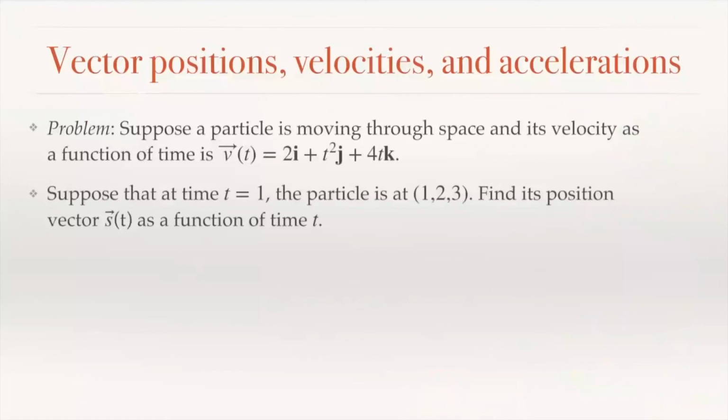Going back to my comment that given the velocity, we don't know its initial position, that's why we have the arbitrary constant corresponding to the initial position in the position vector generated by the indefinite integral of the velocity. However, if we know the position at a particular time, then we can find its position vector as a function of time from the velocity and that position.